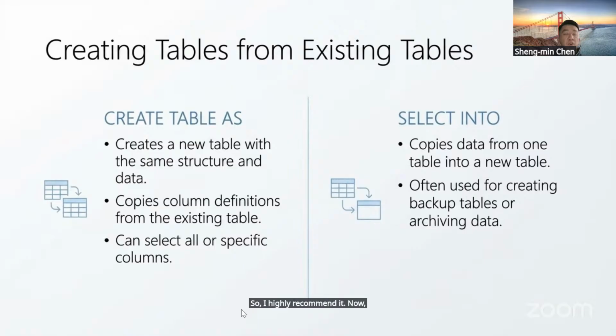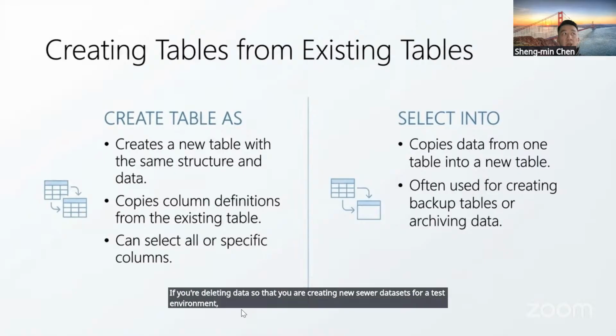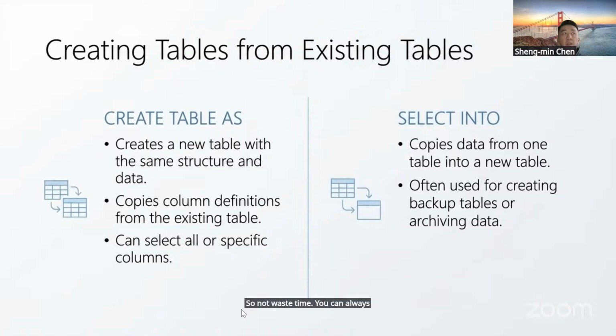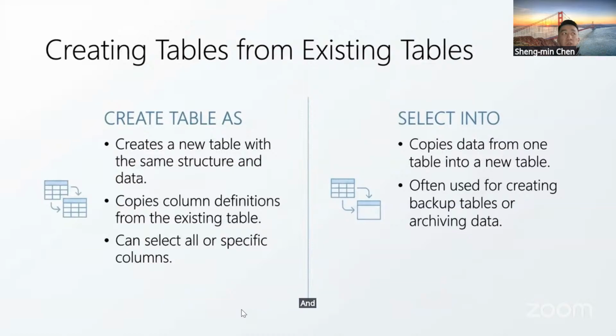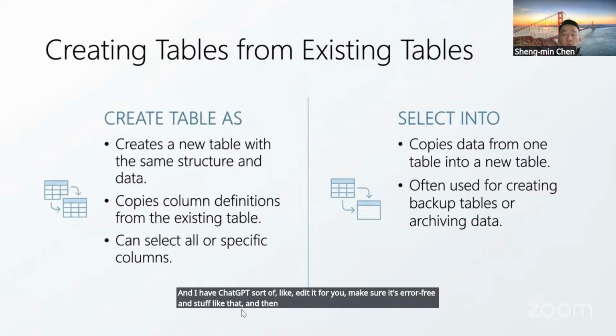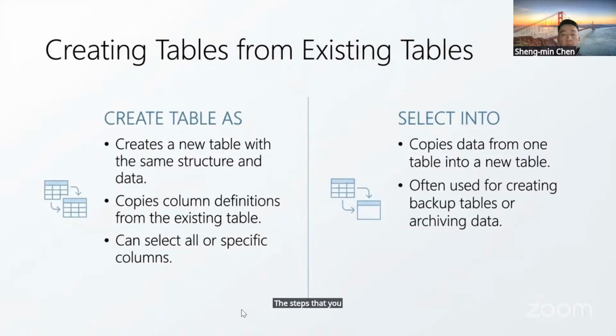Now, one step deeper would be: how do you make sure that if you're deleting data, and creating new data sets for your test environment, you don't waste time? You can always write up a query that includes create table, select into, and then drop table, all that together, and have ChatGPT edit it for you, make sure it's error free, and then prompt it to do the steps that you're looking for.